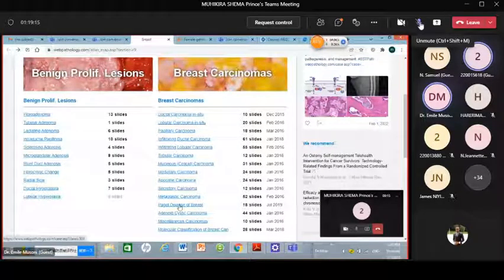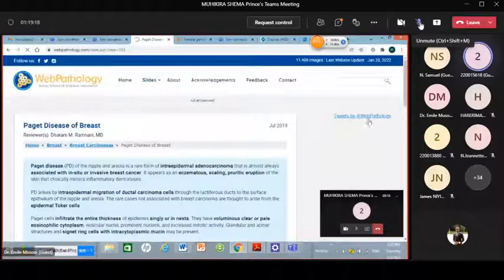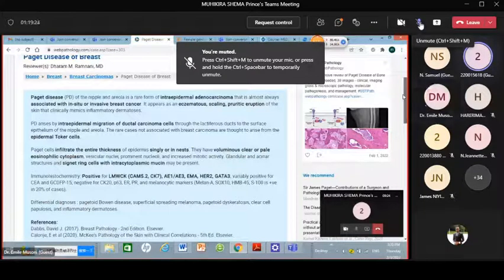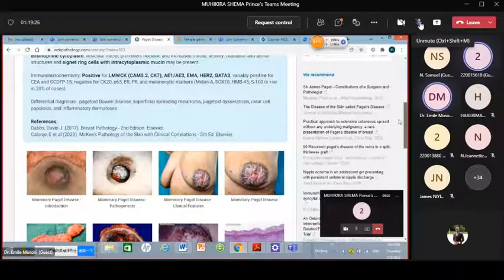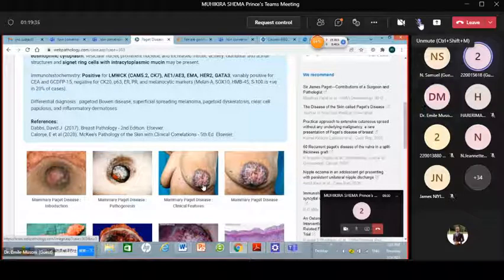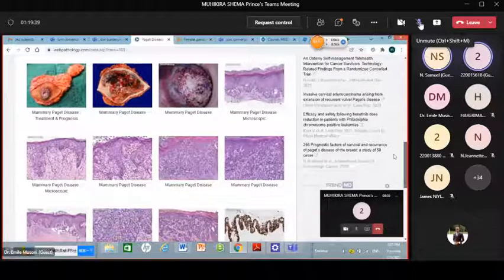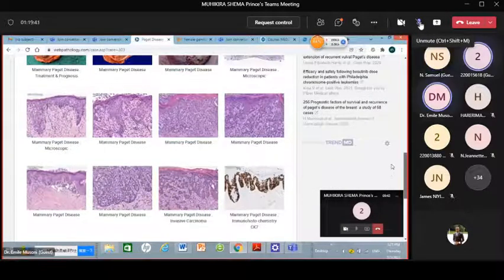Paget disease. You see this one? These are mammary Paget disease. You see now the lesion.